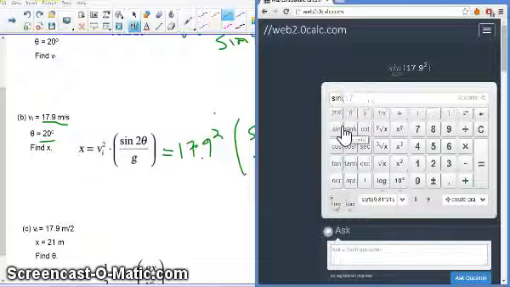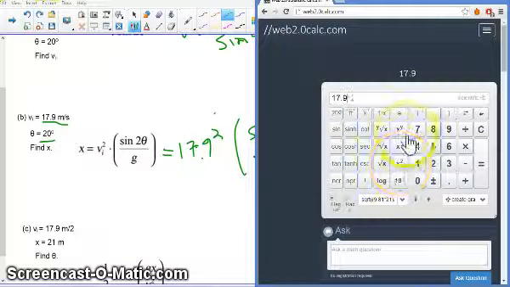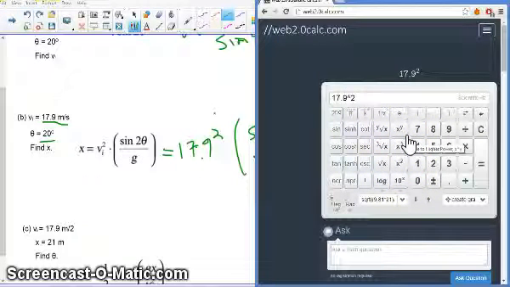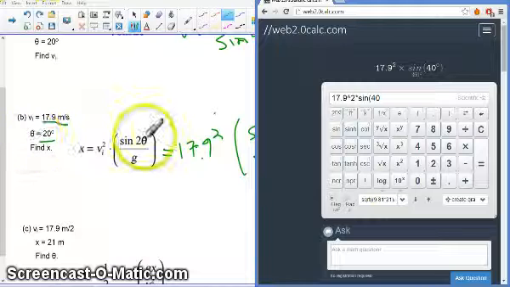Let me back it up. 17.9, okay, so times sine of 40. The 2 times 20 is why I'm having 40. So 20 is over here. Theta is 20, so 2 times 20 is 40.